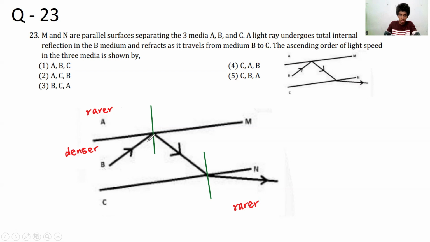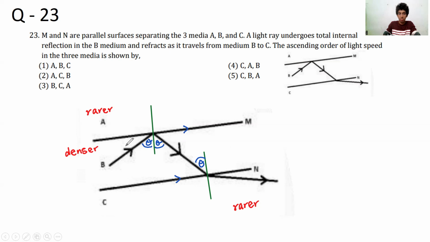So let's take this angle as theta. So this angle will also be theta. And as these two surfaces are parallel, this angle will be theta. Now, when the angle of incidence is theta, total internal reflection happens here, but here, though the angle of incidence is the same as theta, total internal reflection doesn't happen.